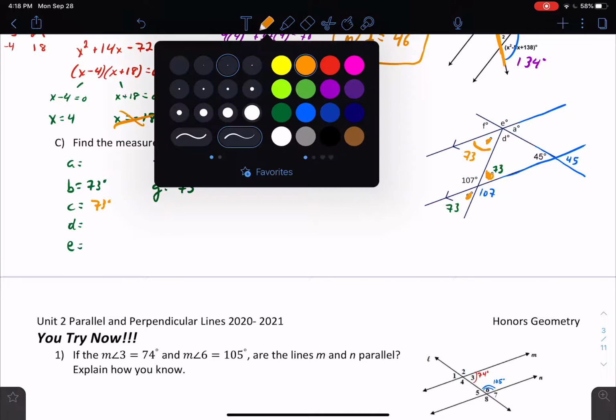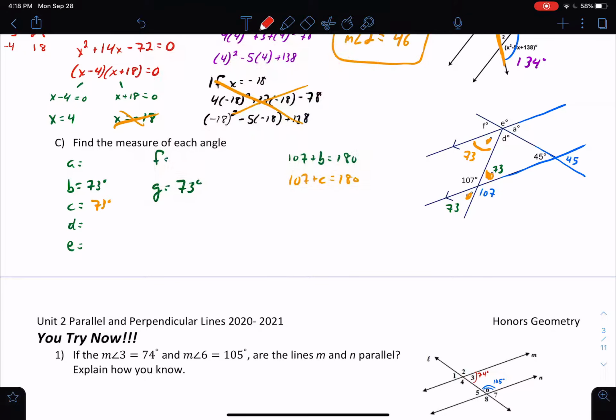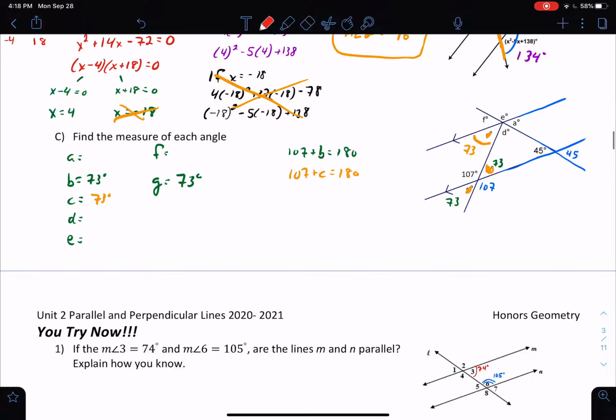All right, I know in the bottom right-hand corner, because these vertical angles are 45 and they form straight lines with the angles next to them, the angles next to them have to each be 135. Okay? A is going to be alternate interior with 45. So A has to be 45 degrees.